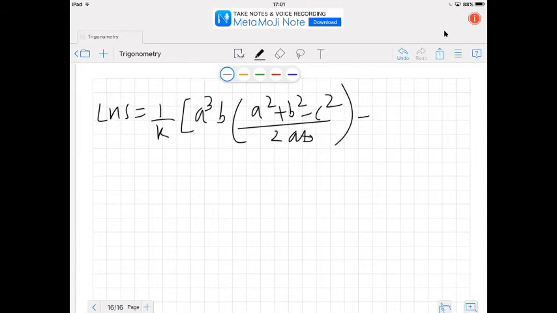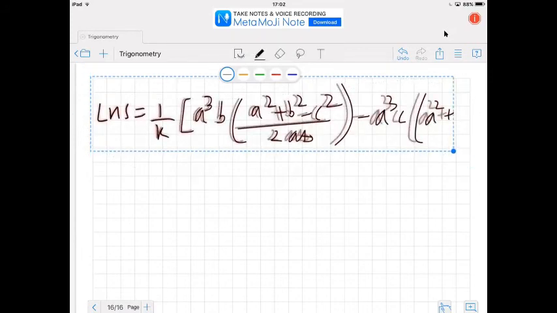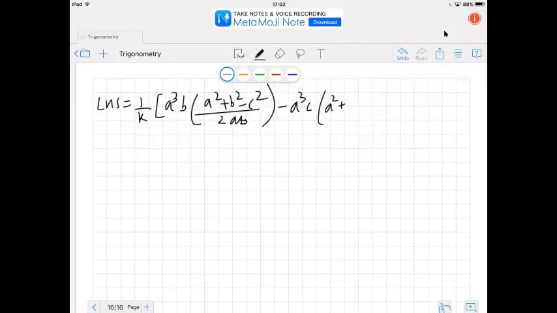and you had a cube c multiplied by cos b. So cos b can be written as a square plus c square minus b square divided by 2ac.